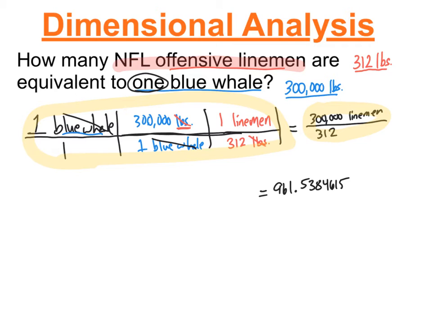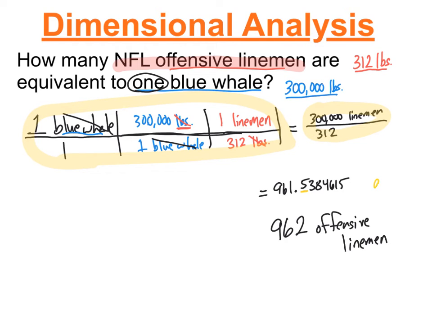The way I think about it, and the way the AP calculus exam will think about this, is going to be 962 offensive linemen. Again, if you think about having to feed them, I have more than 961 available. And it's not that I'm rounding up because that's a 5 or higher.